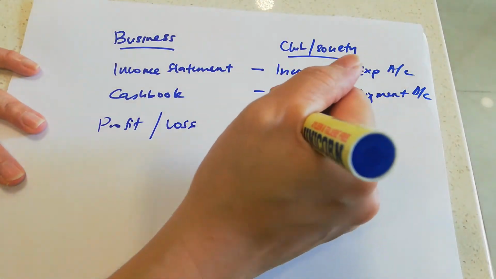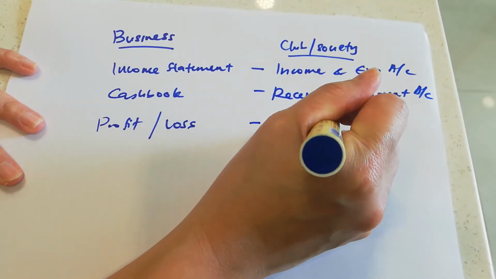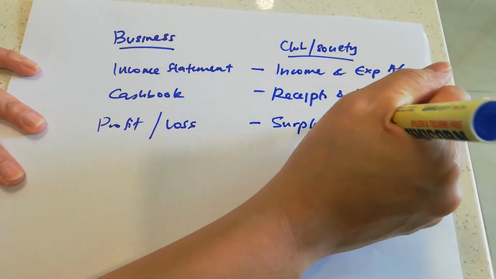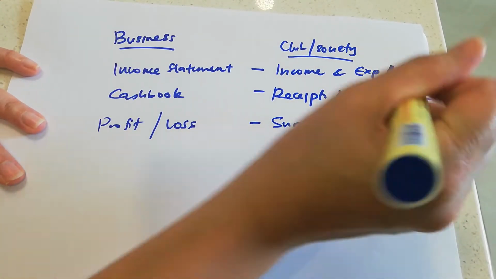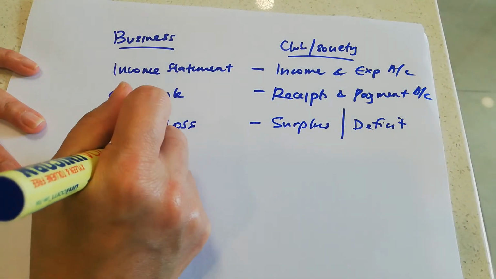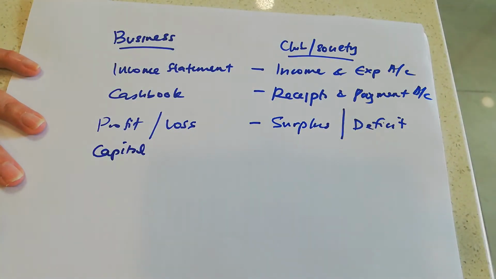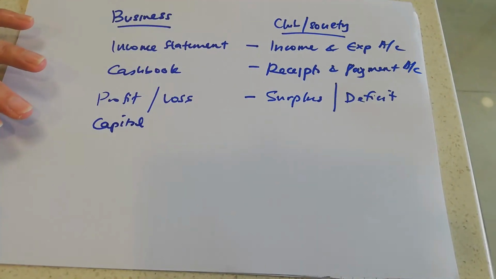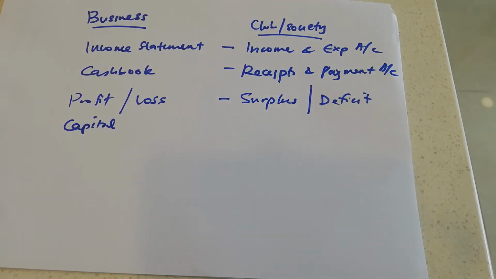But in the club and society, you would call it a surplus for profit and deficit for loss. And lastly, in a normal business, because it's for profit, their purpose is to sell and buy or provide services to make money.